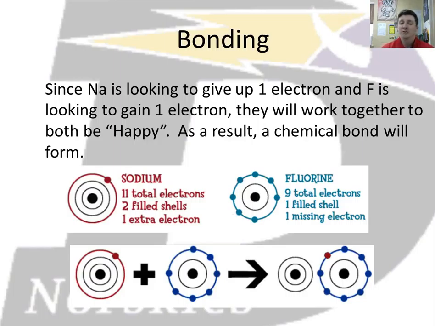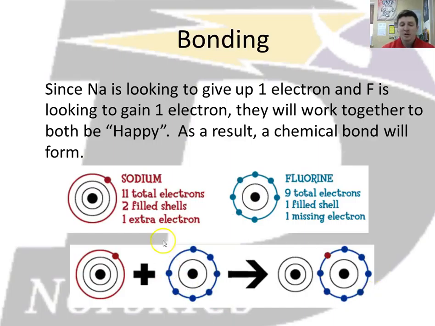So like we said, remember that electrons want to have a full energy level, and they're going to take the path of least resistance in order to get to this stable state. So understand, electrons are either going to be given up or taken away in this case. So as a result, when an electron is transferred, a chemical bond is going to form.